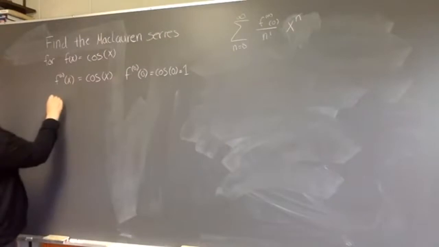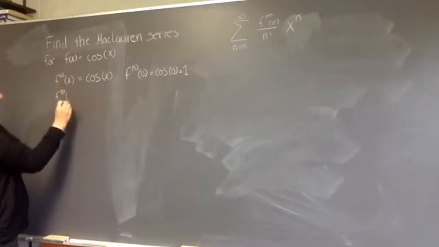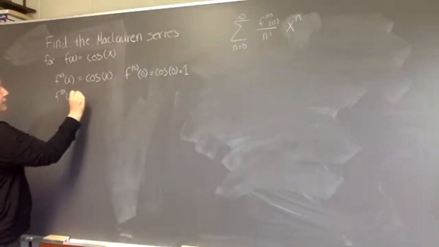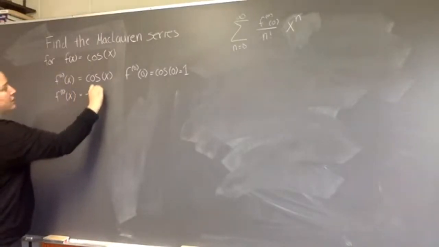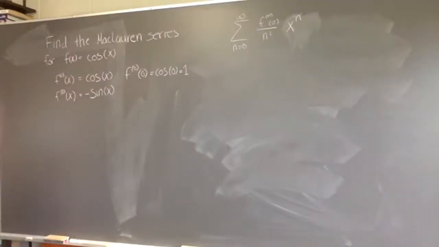Next, the derivative of cosine of x. So the first derivative is negative sine of x. I always pause because I have to think about what the graphs look like.